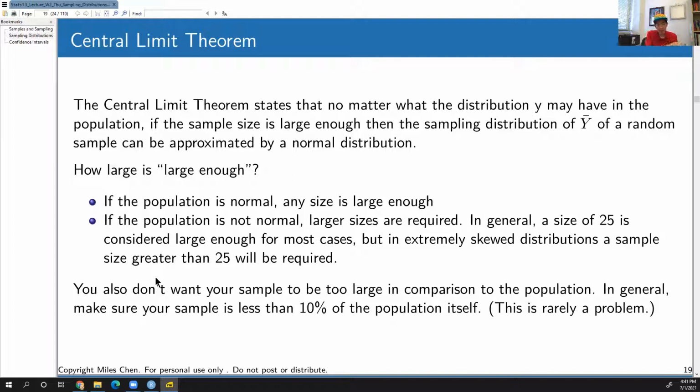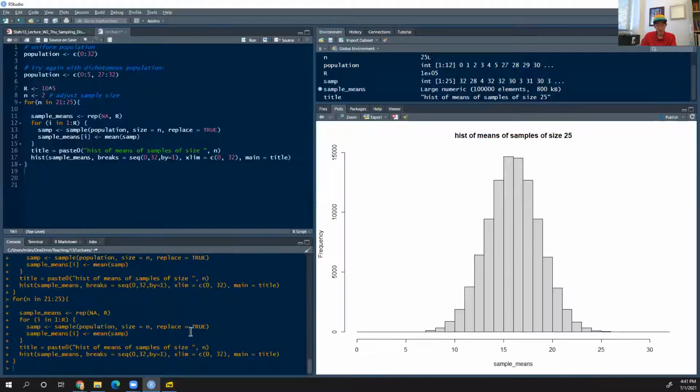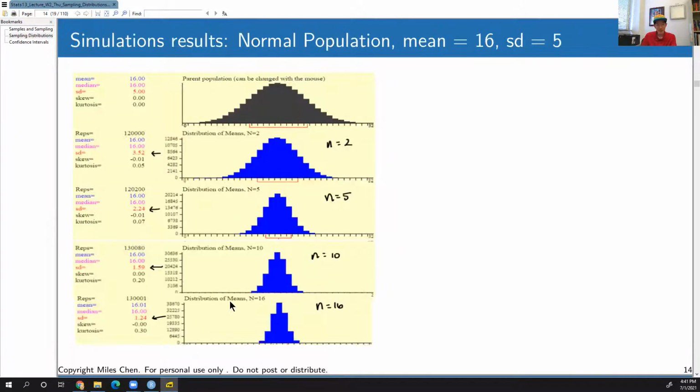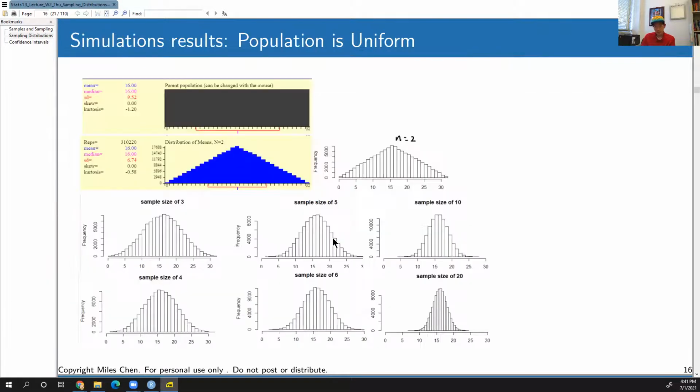And so what do we mean by large enough? Well, if the population is normal, then any sample size is large enough. We saw that in one of these earlier slides: when the parent population is normal, even with samples of size 2 or samples of size 5, the resulting distribution looks like the normal distribution.